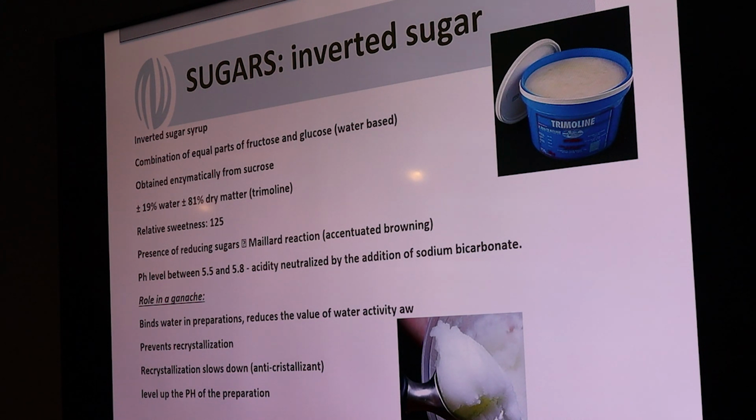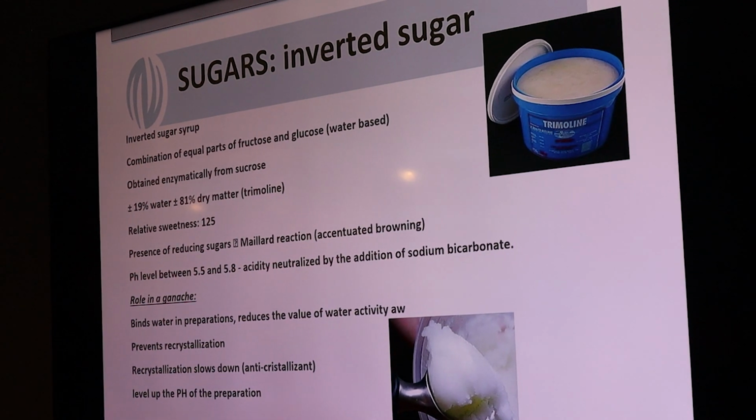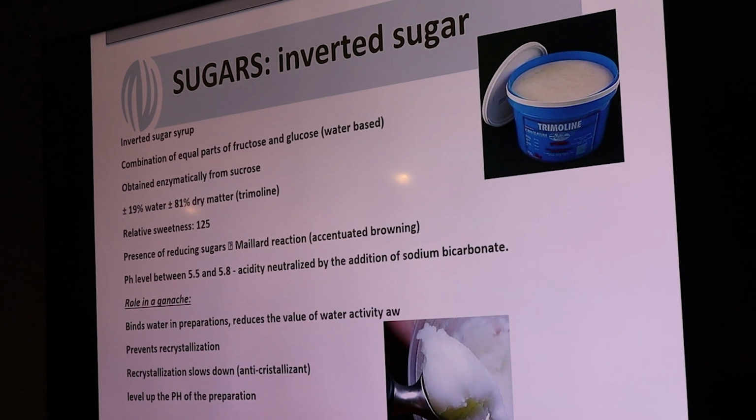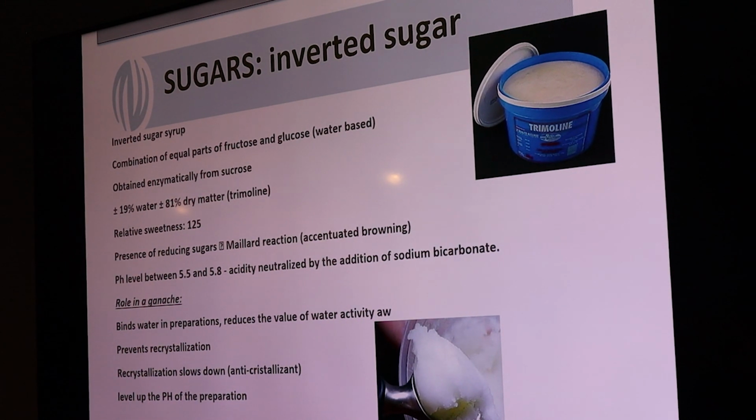It's basically because there's a misbalance between the sugars they are using in the ganache. So shrinking and humidity, water activity, and also keeping the flavor in the ganache, it's the basic stuff in those things.